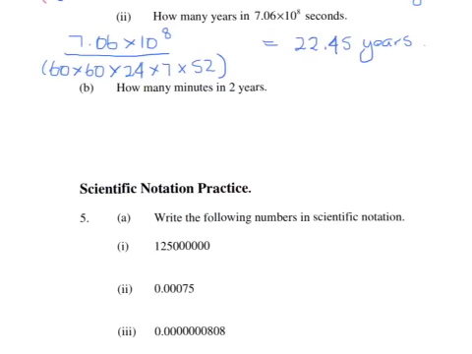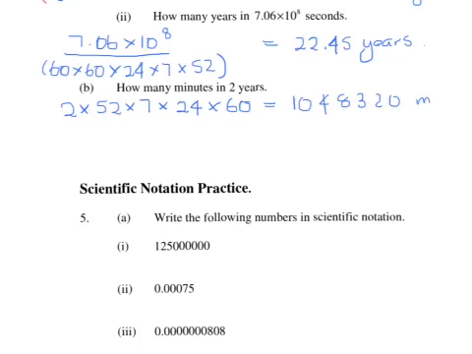So 2 years, convert it to weeks first, then to days, and then finally to minutes. And if you pop that into your calculator, it's going to give you a conventional number, which is 1,048,320 minutes.